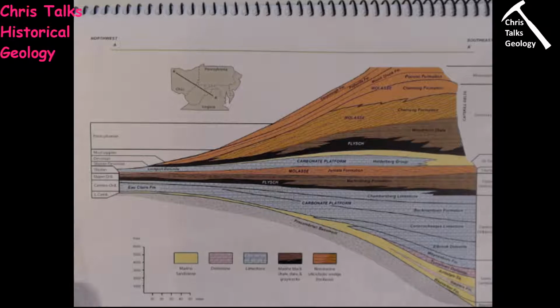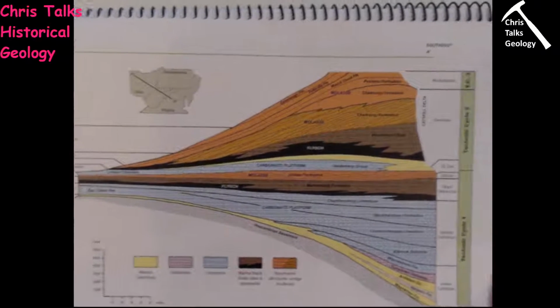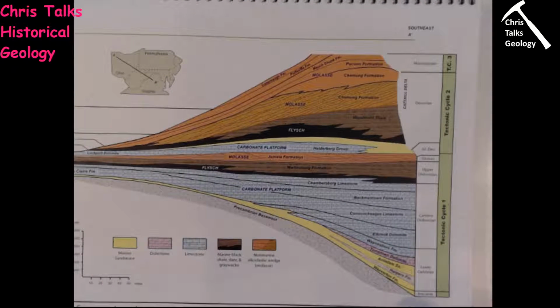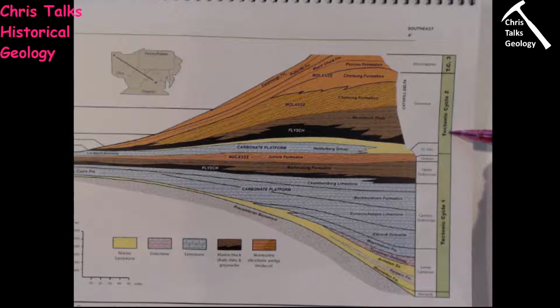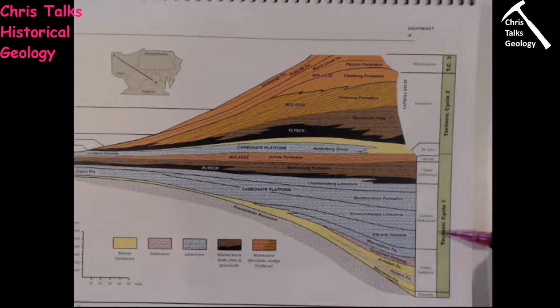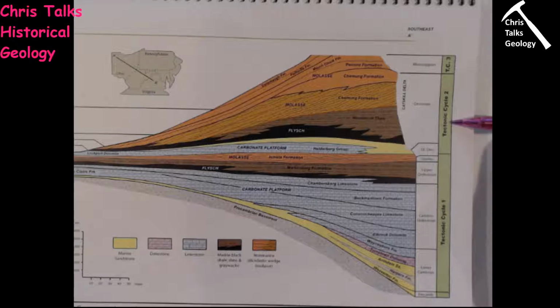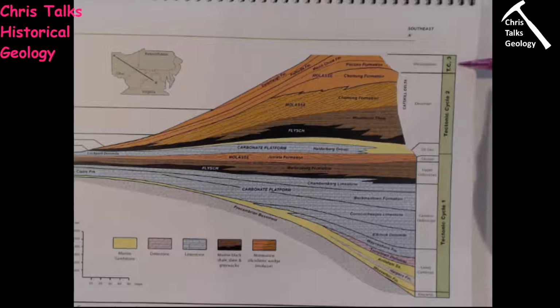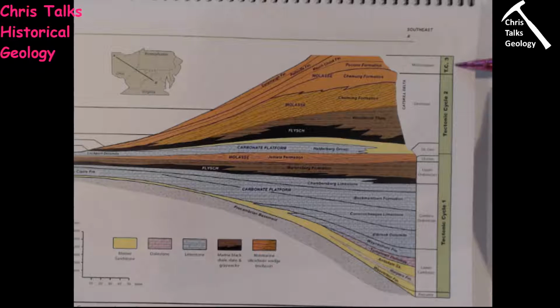So if we look at this particular diagram here, you will see that it's split into tectonic cycle 1, tectonic cycle 2, and tectonic cycle 3. Tectonic cycle 1 essentially is the Taconic orogeny, tectonic cycle 2 is the Acadian orogeny, and tectonic cycle 3 is the Alleghenian orogeny.